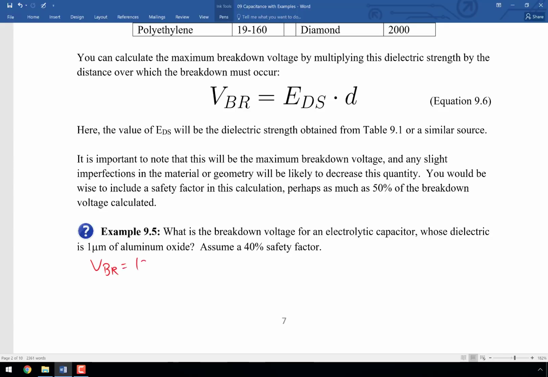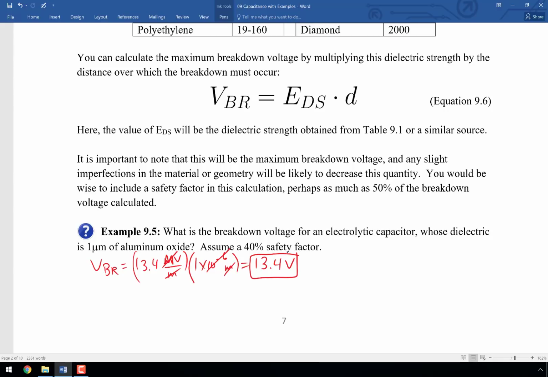V_BR is equal to 13.4, and I'm going to be more careful about units. 13.4 megavolts per meter times 1 times 10 to the negative 6th meters. Well, the 10 to the negative 6 is going to cancel with the mega, and the meter cancels with meter, so I'm left with 13.4 volts.